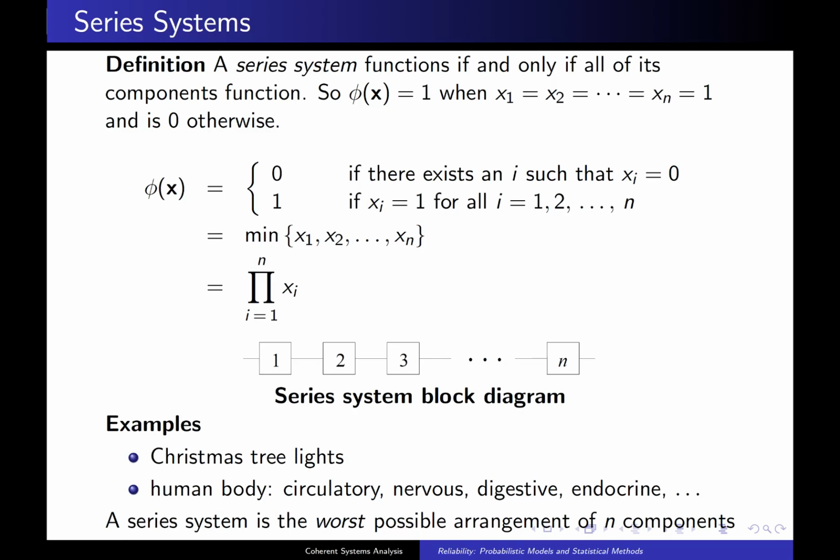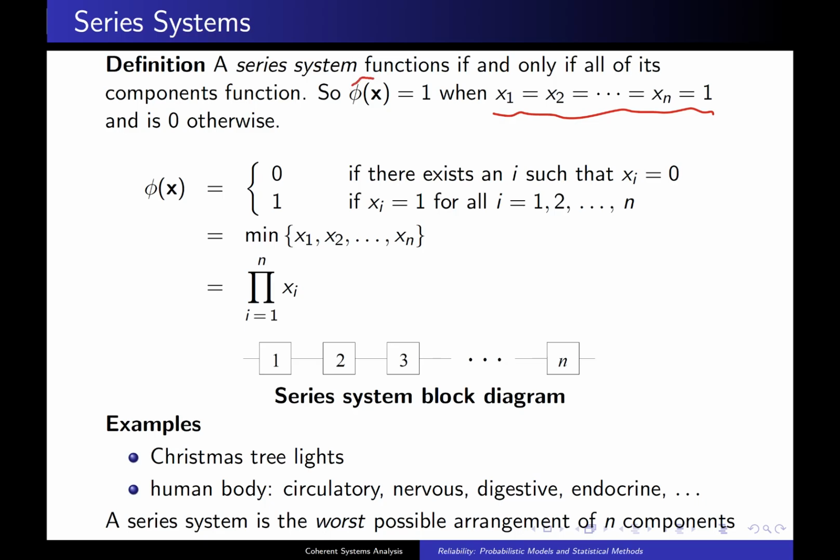Here is one particular type of system, and it occurs quite often in practice. It's called a series system, and here is its definition. A series system functions if and only if all of its components function. Another way of saying that is phi of x is equal to 1 when all of the components are functioning and 0 otherwise.